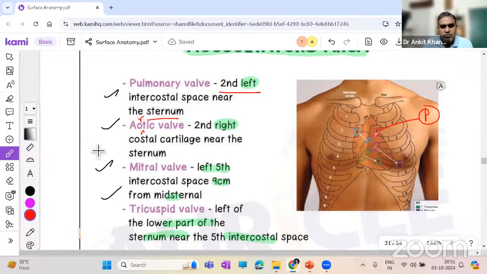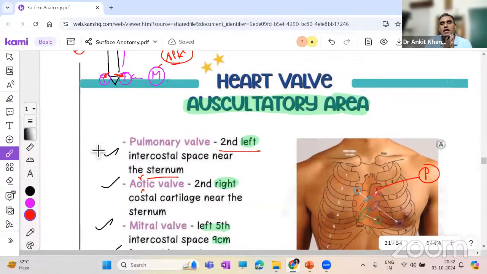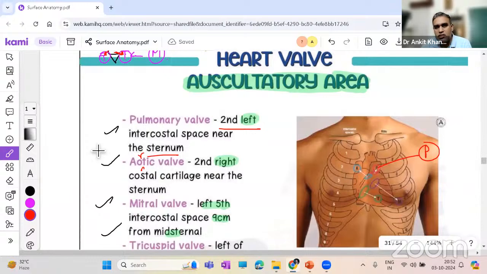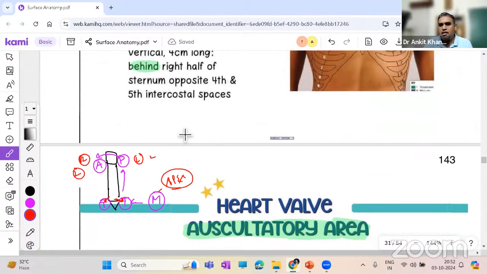I told you 5 minutes back that their surface anatomy is behind the sternum, but where we actually hear is entirely different. The reason is, we can't hear over a sternum. Suppose these are 2 chambers, chamber A and chamber B, and between them you have a normal valve.